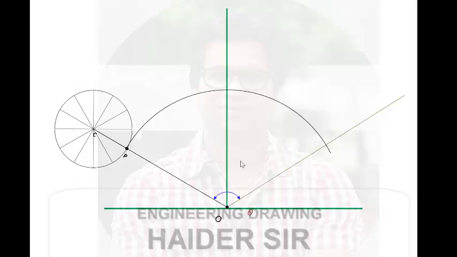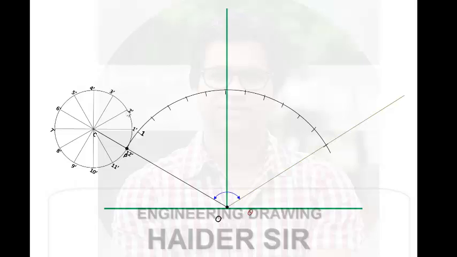Now we have to divide this arc into 12 equal parts. Most of the students face difficulty dividing this arc into 12 equal parts. So here's the easiest way.